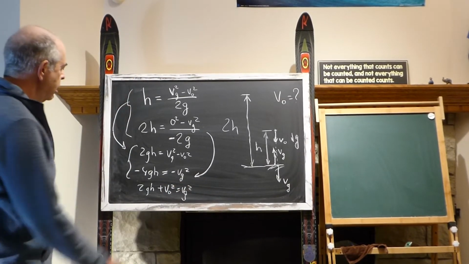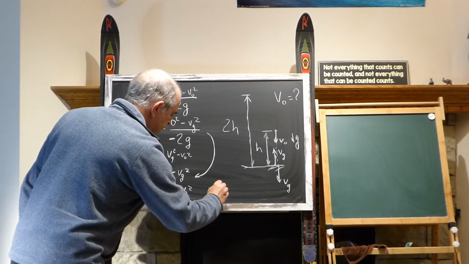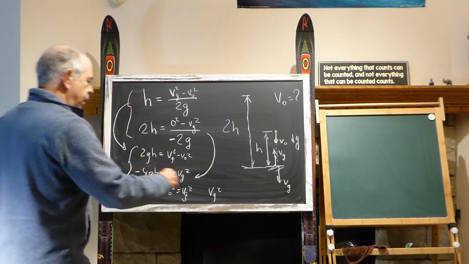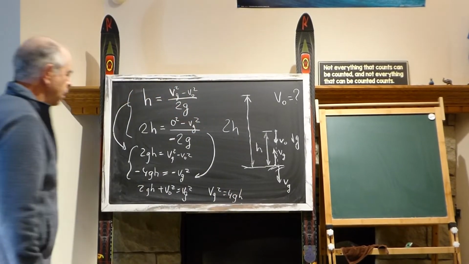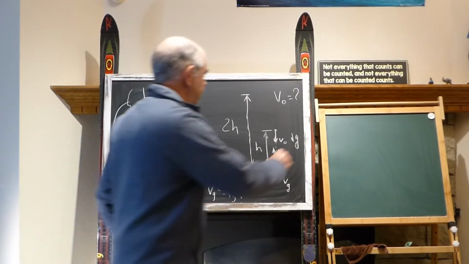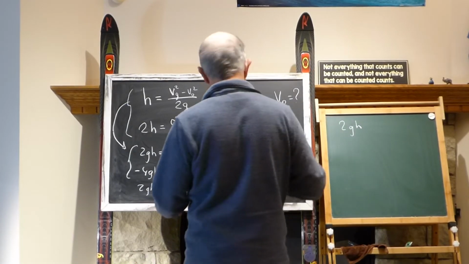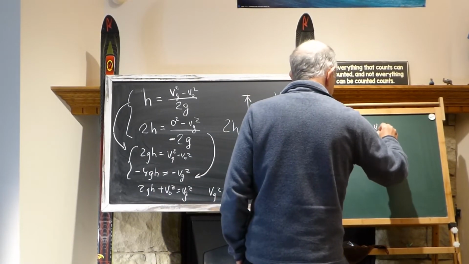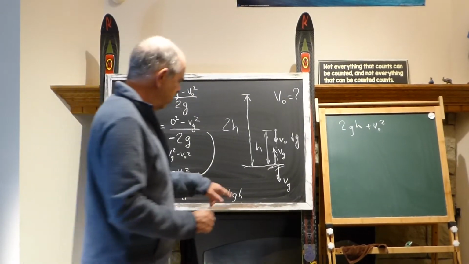This is this equation, and here we reverse it and we will write vg squared equals 4gh. And now all I have to do is say that this equals this. So let's continue. 2gh plus v0 squared, right, equals 4gh.